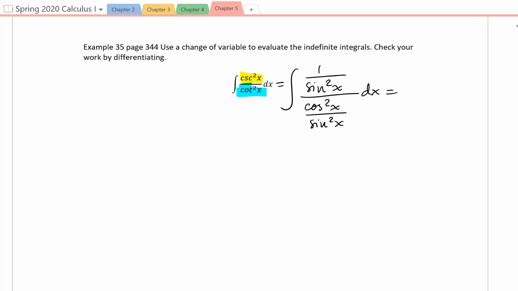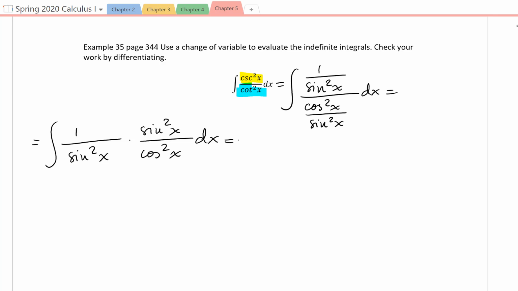So this is a fraction over fraction, so I'm going to write 1 over sine squared of x times sine squared of x over cosine squared of x dx. So sine squared cancels, and we end up with 1 over cosine squared of x dx.